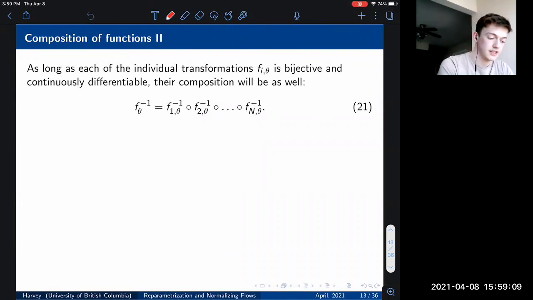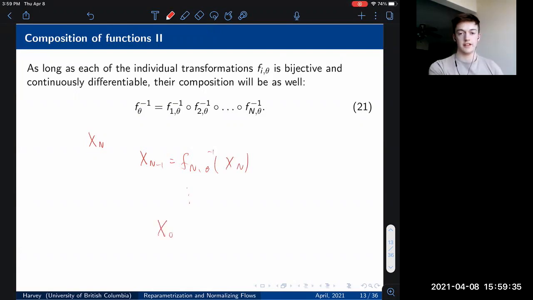We can see that if we start with an xn and want to invert this to get to x0, we can just invert each function in turn. So xn minus 1 equals fn theta inverse of xn, and so on until we get down to x0. As long as each individual function is invertible, so is the composition of functions.